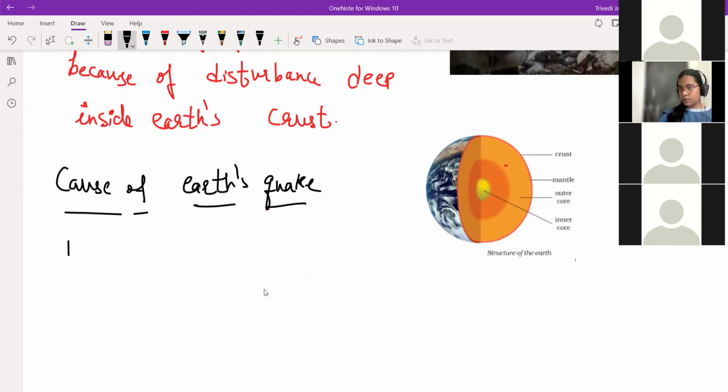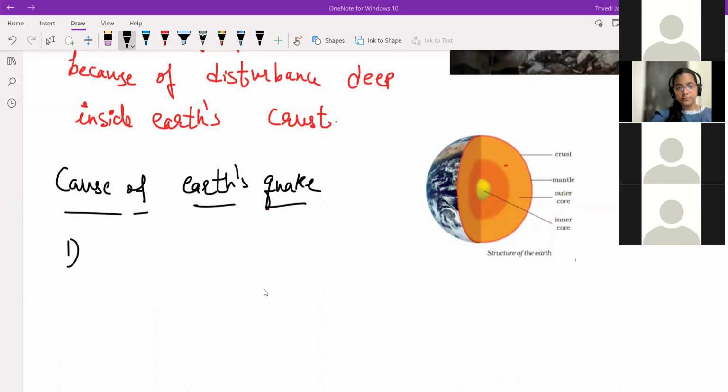So the main cause of the earthquake is disturbances inside the crust of the earth, the disturbance of the plates when they crash with each other. Exactly. The other causes of earthquakes can be volcanic eruptions, a meteor hitting the earth's surface, a nuclear explosion, or any kind of movement of plates or slight moving.